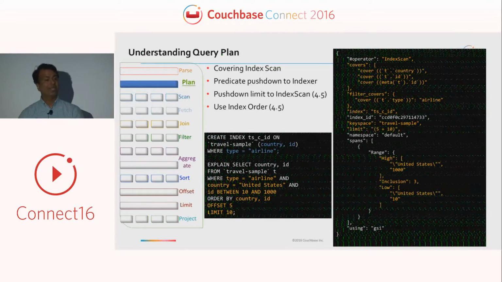We'll go through various cases, especially because we started late. I may have to go a little bit quickly over the other slides. But if you understood this model, how we match the index, how we decide on each of the index key push down and the predicate push down, you'll be able to see for your query how the explain looks, and then see if there's a match. If you have a predicate that doesn't get pushed in this range, that means the indexer is doing more work than it should have.